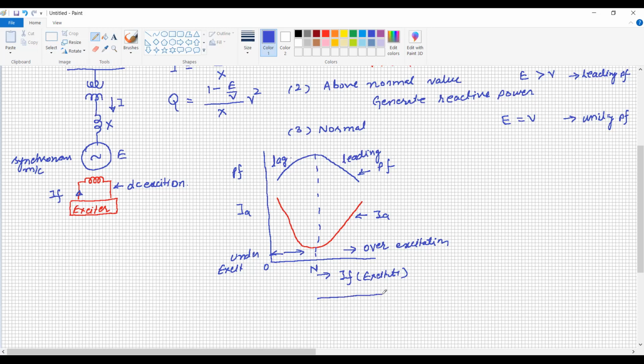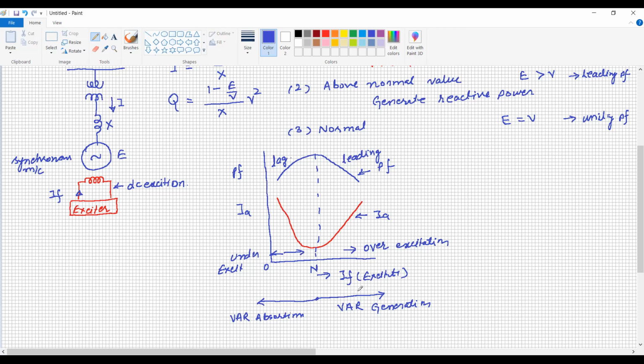This is the VAR generation, and here it is VAR absorption. At this point, it is just floating, neither consuming nor generating reactive power.